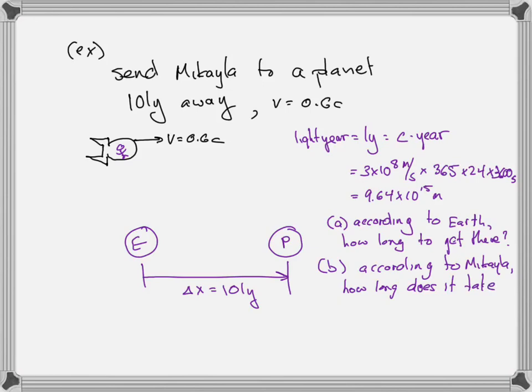And C, answer each for the round trip. We want to know how long, according to somebody sitting on Earth, it takes Michaela to get there, and according to Michaela on the spaceship. And then according to each of us, how long does it take for her to do the round trip back to Earth again?